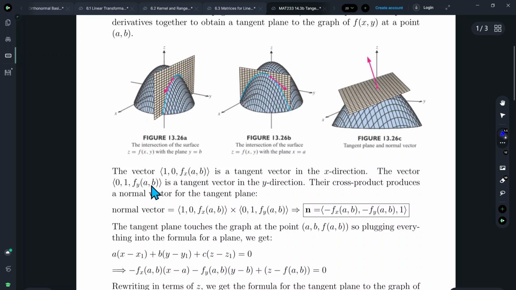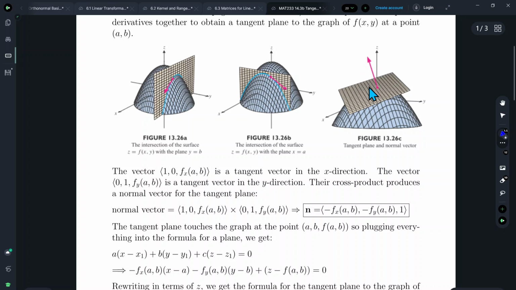As I said, if you calculate the cross product between these two vectors, it produces a normal vector to the tangent plane. You can check this calculation, but performing this cross product will result in this normal vector written here.